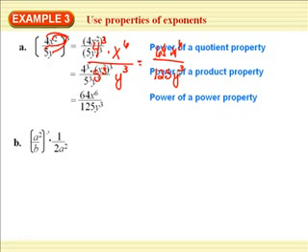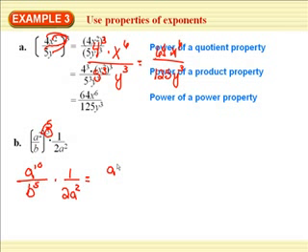Okay, that's a 5 right here. So we're going to go a to the 10th over b to the 5th, and we're just multiplying everything here, times 1 over 2a to the 2nd. So we have a to the 10th right here over 2a to the 2nd, b to the 5th.